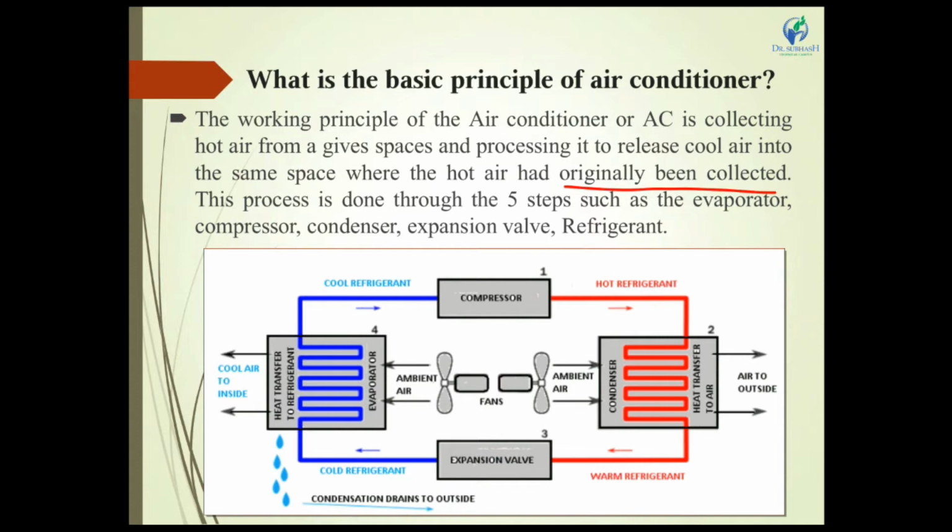These processes are done in the 5 steps, component wise. First is the evaporator, compressor, condenser, expansion valve and refrigerant. These 5 components process all the steps to lower the temperature inside the home or given space.